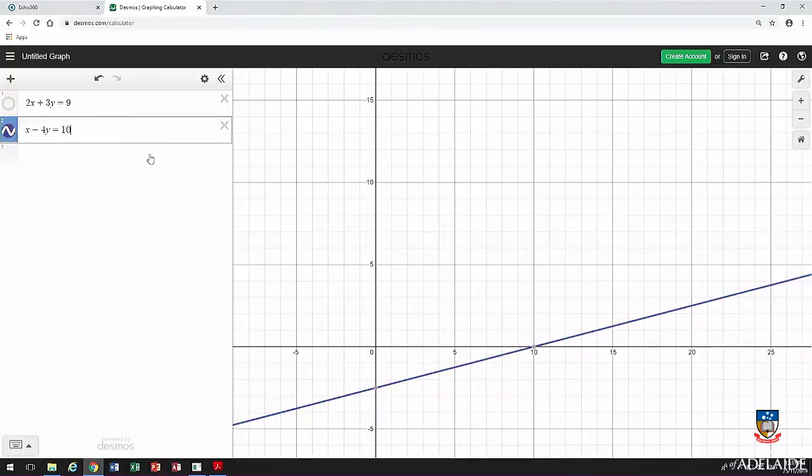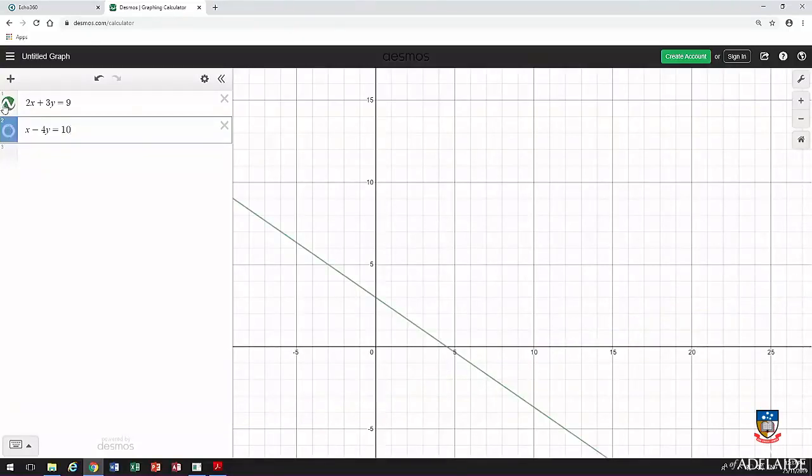Okay, so that's the line x minus 4y equals 10. And we can imagine that at every other point in the plane, x minus 4y works out to a different answer to 10. So at this point, x minus 4y works out to 0. At this point, x minus 4y works out to minus 15. And they all work out to different answers, but the points on this line, x minus 4y works out to 10. And the points on this line, 2x plus 3y works out to 9.